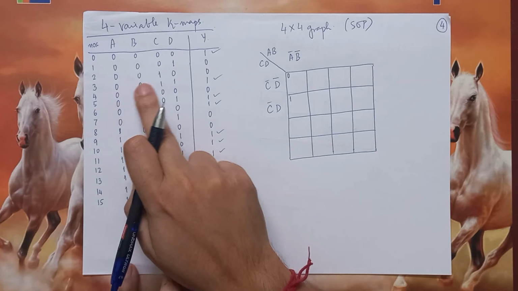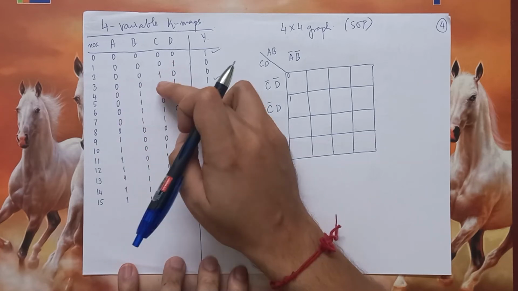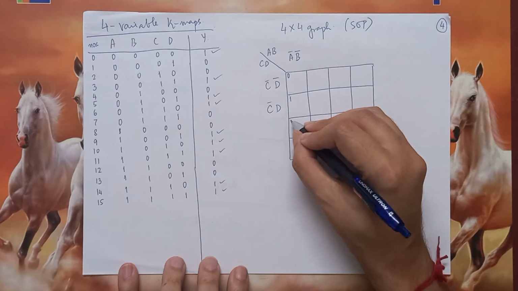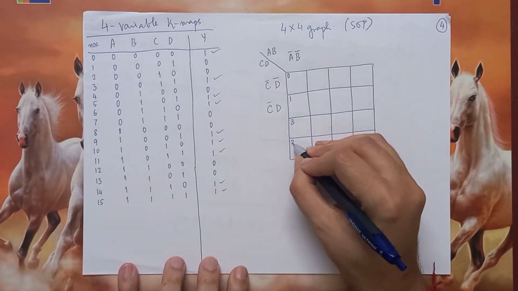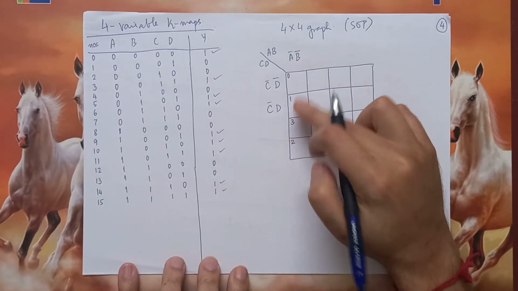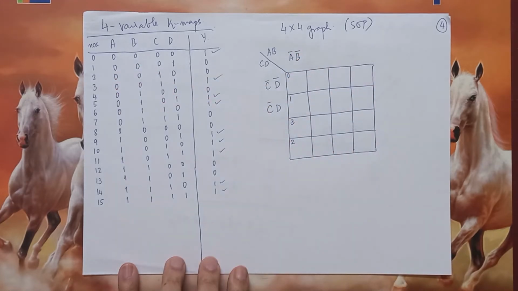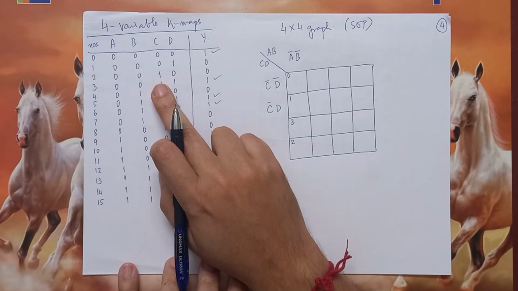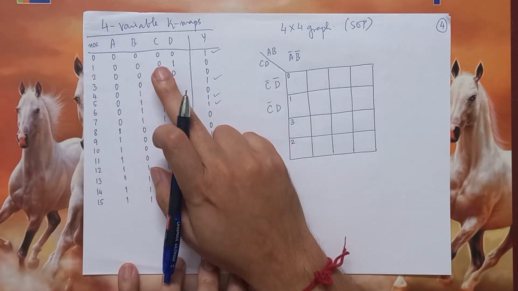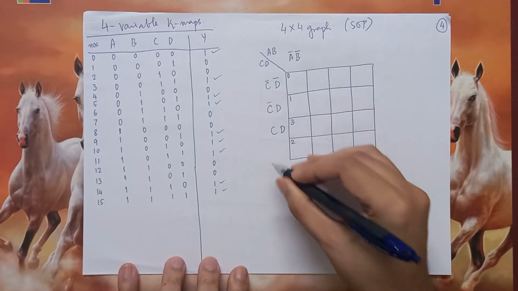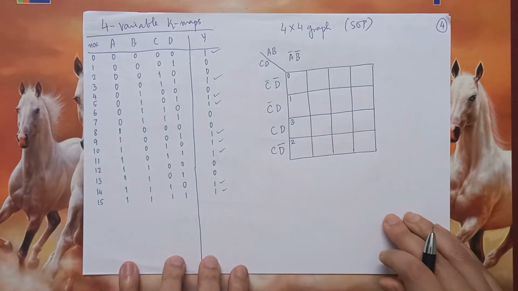So next we will take as 3 because 3 and 1 differ in only the C bit position. So this we will number as 3 and this will be 2. Notice that for both 3 and 2, it is still A bar and B bar because A and B are both 0. Thus, the variable for 3 will be C and D and this will be C D bar.